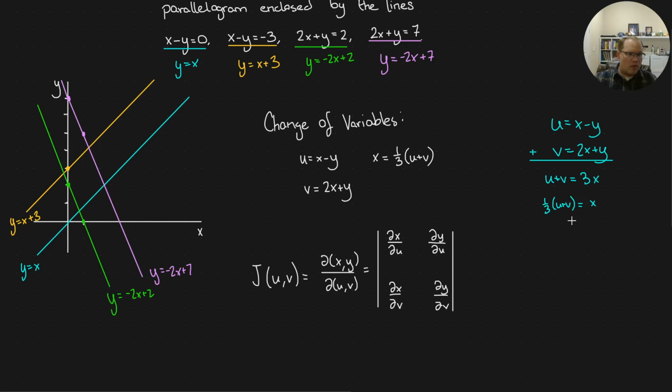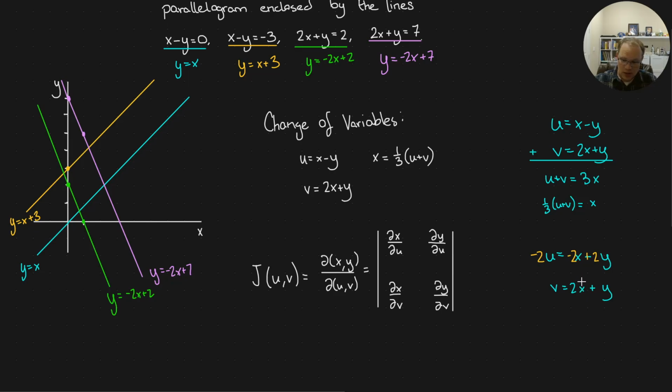Now, next, I could take the same system, u equals x minus y, v equals 2x plus y, and I can multiply this first equation on both sides by -2. Okay, if I do that, I'm going to get -2u equals -2x, and then double negative plus 2y.